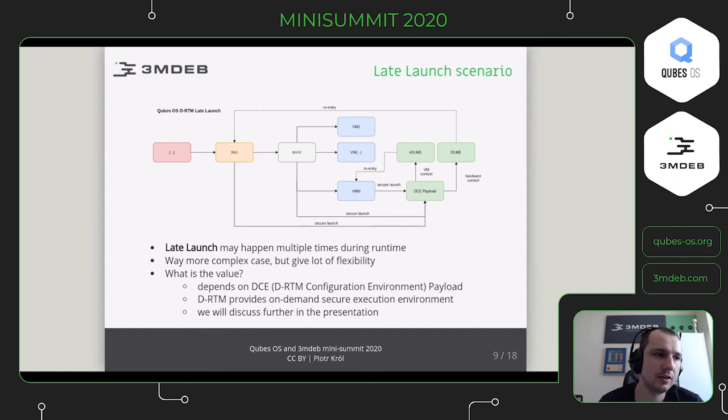And probably with early launch, the biggest value is that we kind of forget about whatever was before, like firmware stuff. We don't care about that. But of course, we need this ACM stuff, hashes, and we need STM from firmware. And the question is if we can detect that, if we have that, and make some action if we don't have that.